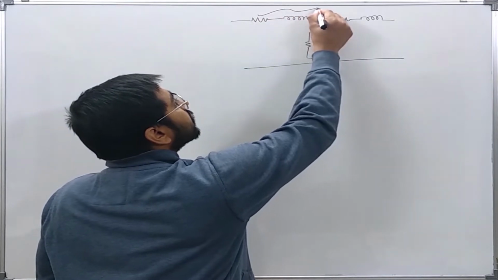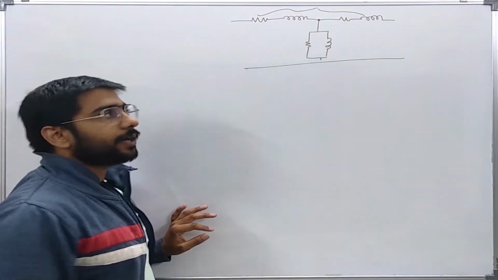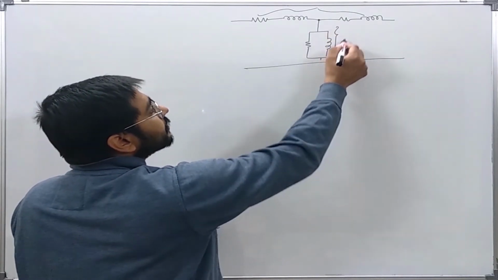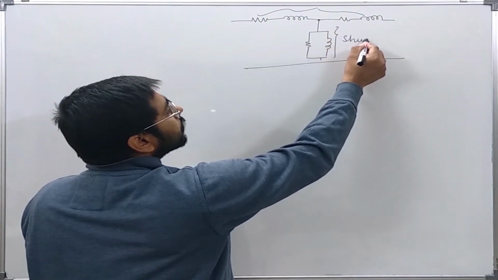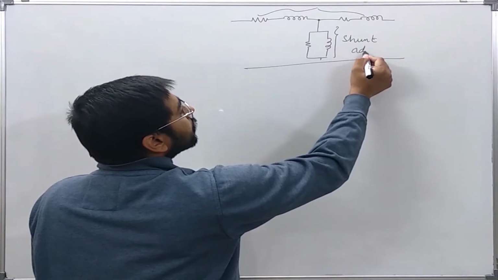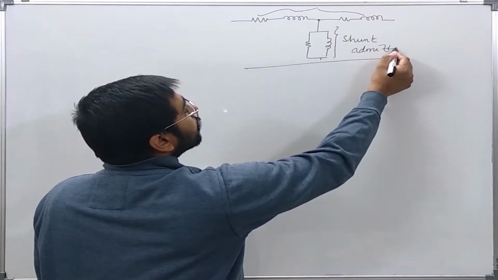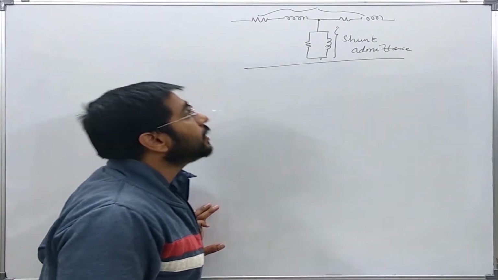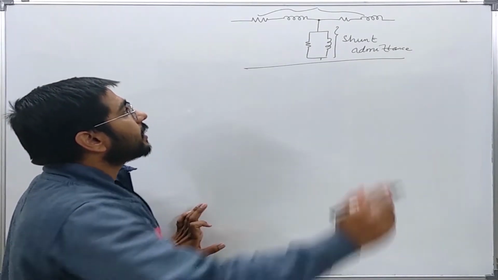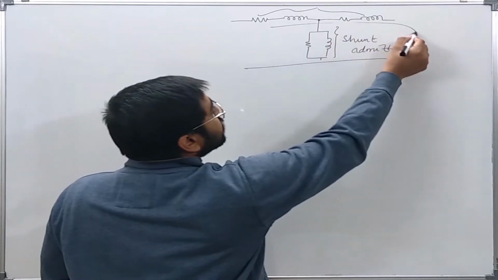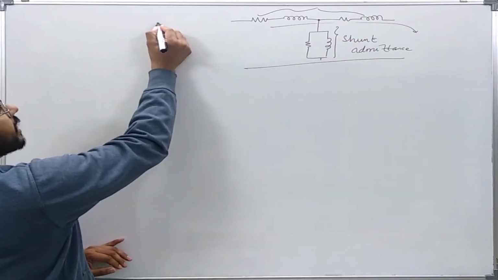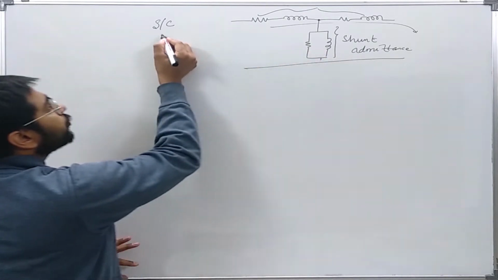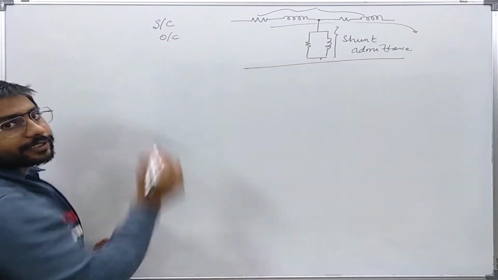These two parts, I have bifurcated the series impedance in two parts, and this is the shunt admittance. Now, you might have studied in your machines course that the series impedance is usually measured by the short circuit test and shunt admittance is usually measured by the open circuit test.